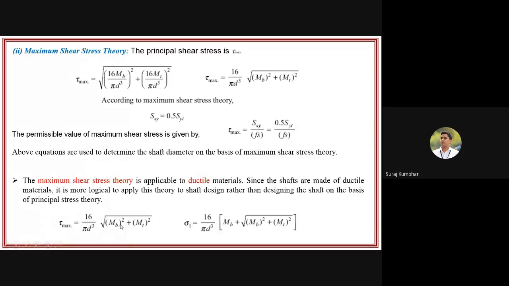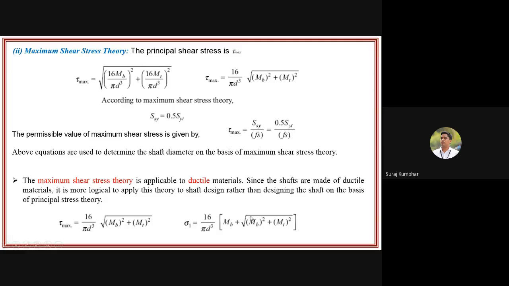The only difference is that in the maximum principal stress theory, Mb, the bending moment, is there plus the remaining term, but in the maximum shear stress theory there is no bending moment term. Otherwise the remaining is the same: 16 upon pi d cube is the same.